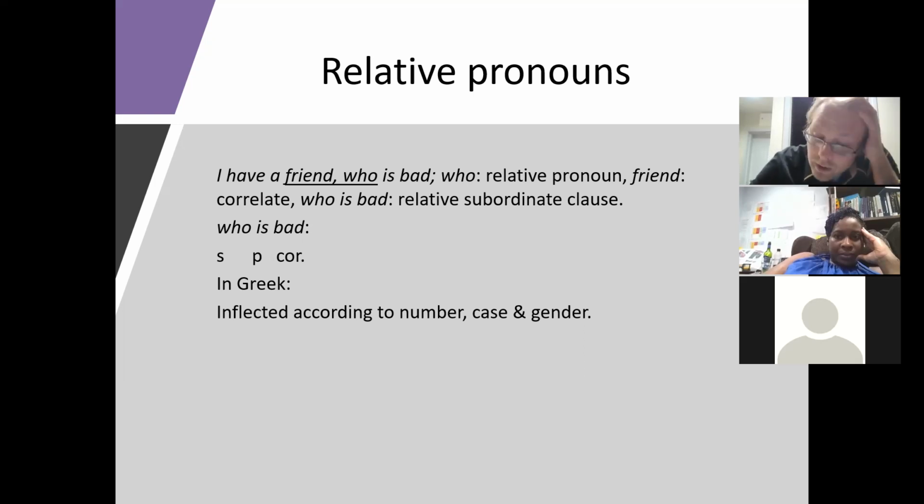This pronoun refers back to the word friend in the preceding main clause, which is then the correlate of the relative pronoun. The whole clause, who is bad, functions as a so-called relative subordinate clause. And within this subordinate clause, the pronoun who functions as the subject.